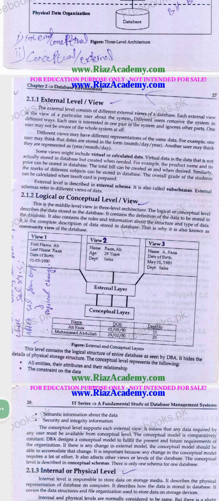The whole hierarchy or conceptual schema of that organization is known as the logical or conceptual level. Next we have the key point: the conceptual level is the complete design of the database that shows how everything fits logically together, meaning a complete blueprint of how things actually exist in the database.